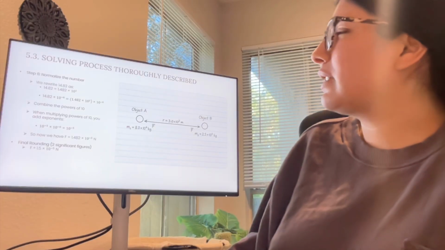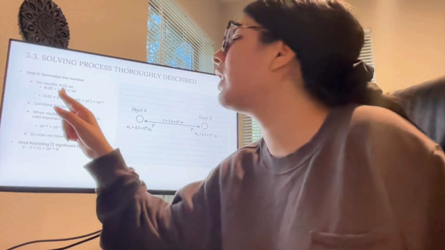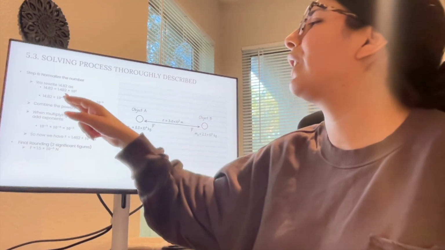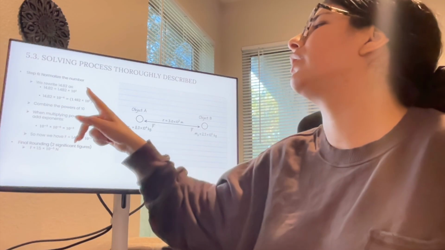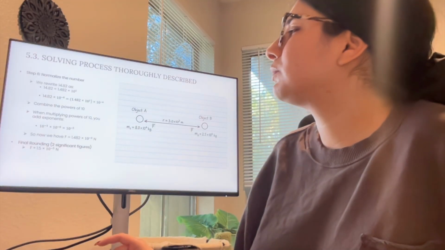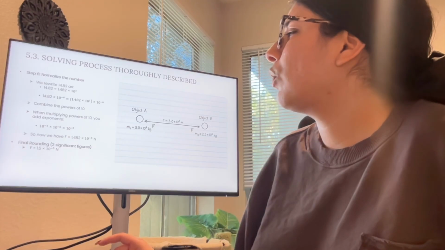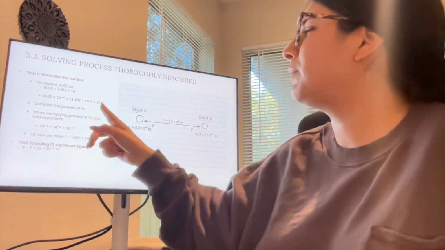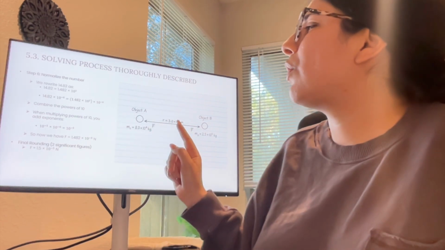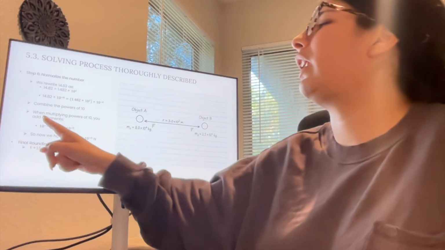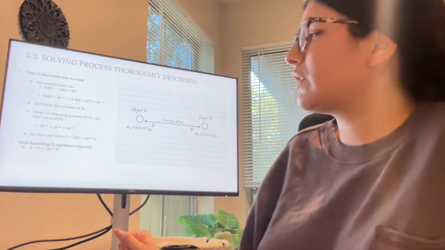So let's normalize this number. We can rewrite 14.82 as 1.482 times 10 to the 1st power. And we can combine the powers of 10. So let's multiply the powers of 10 and add exponents.